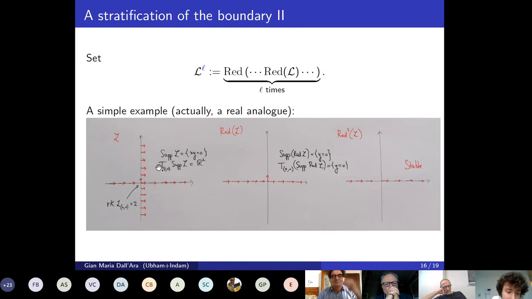For any point outside of the axes, the distribution is trivial, so the subspace is just the zero subspace. For every point on the vertical axis and on the horizontal axis, I have in my distribution the horizontal subspace, generated, if you want, by the vector d over dx. And then only at the origin, the rank of the distribution is 2.